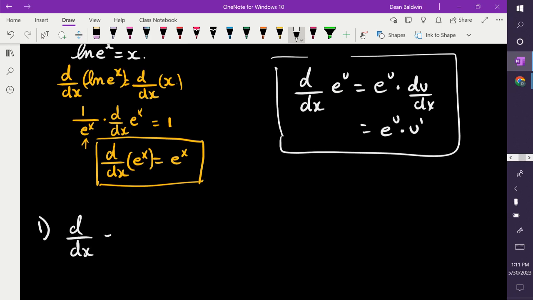So if I say, what is the derivative of e to the x squared? The derivative of the exponent x squared is 2x. There you go. 2x times e to the x squared.